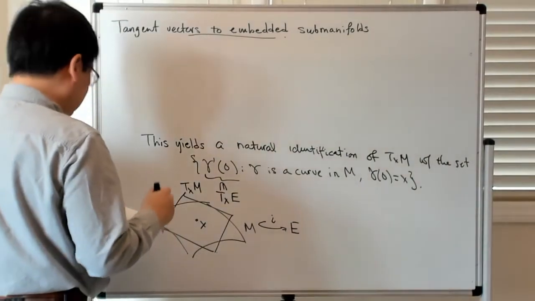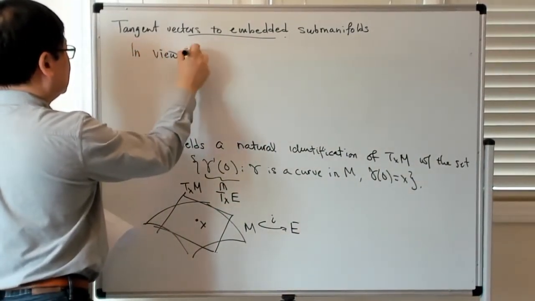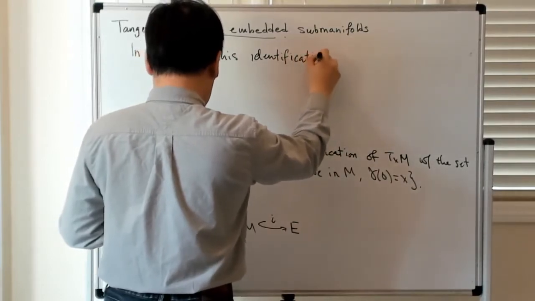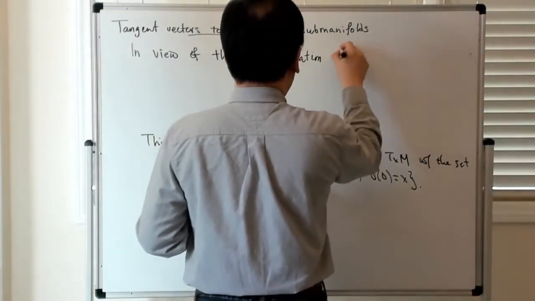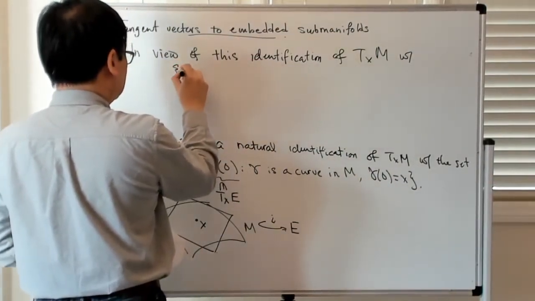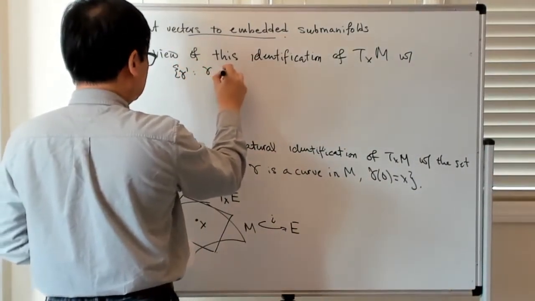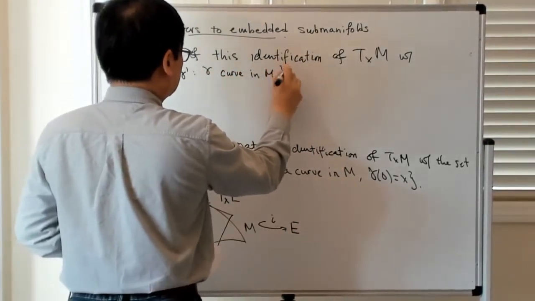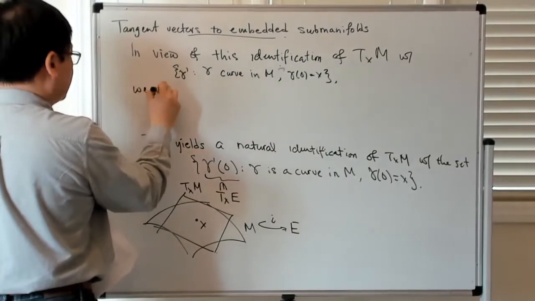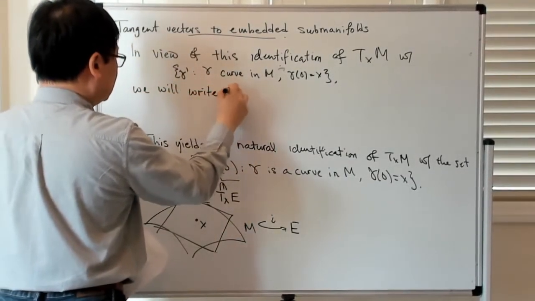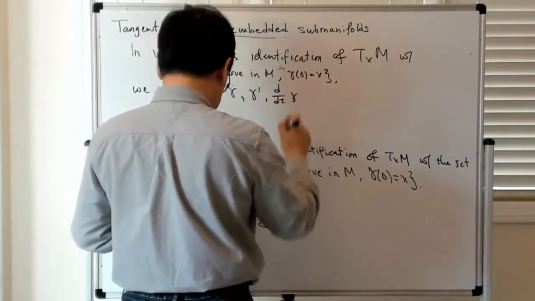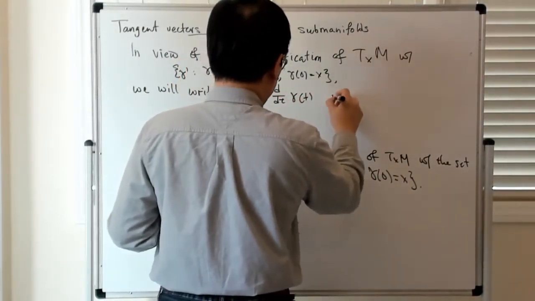So in view of this identification of TxM with this set here, we will now write gamma dot, gamma prime, and d/dt gamma of t interchangeably.